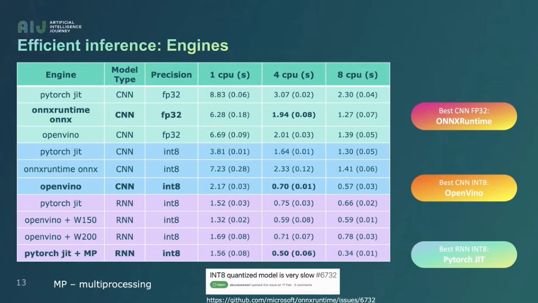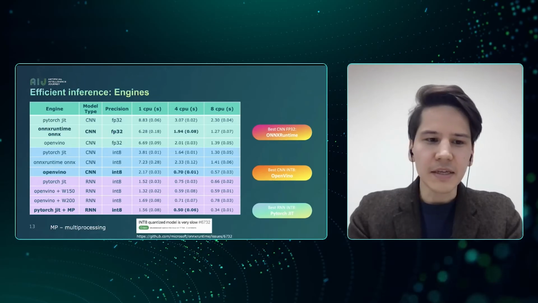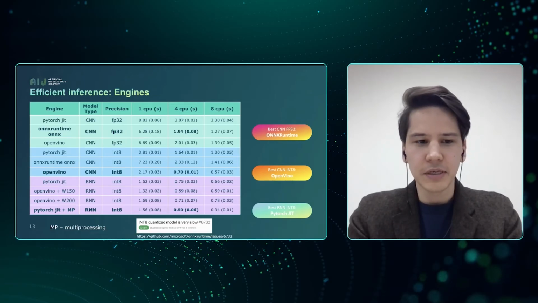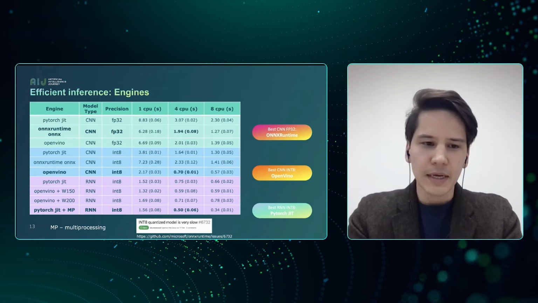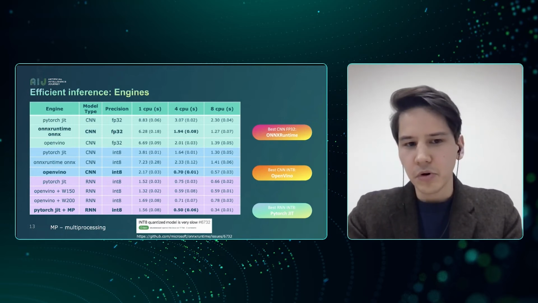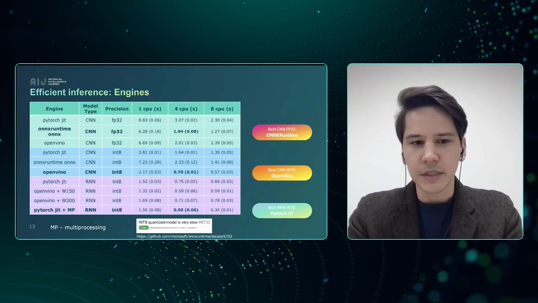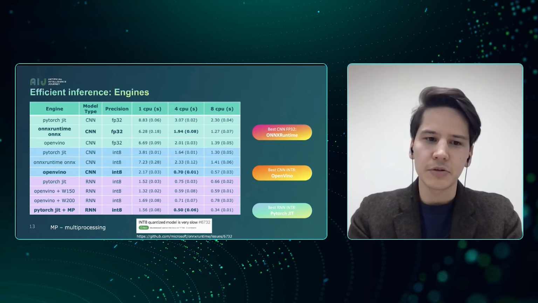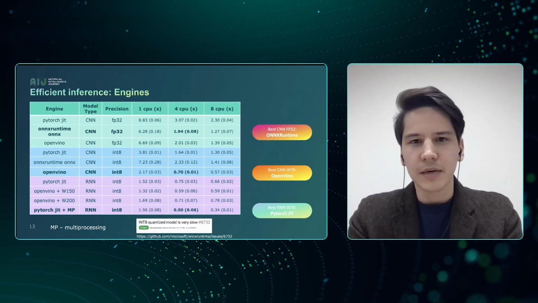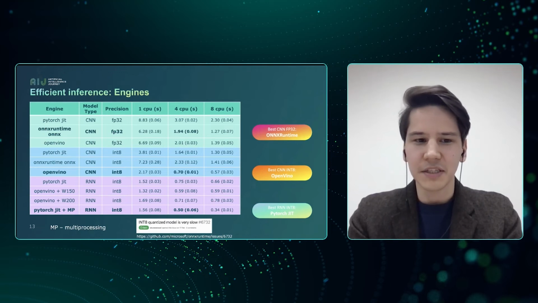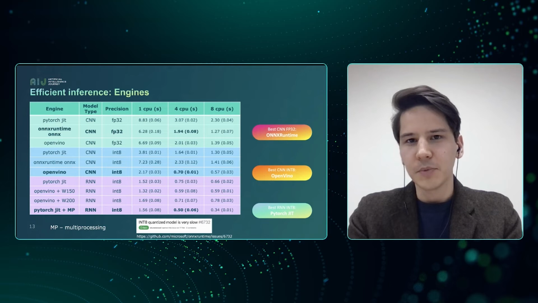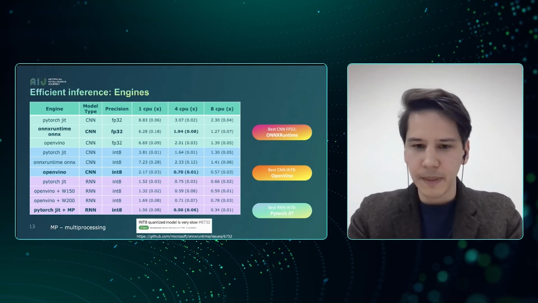When we get to other architectures, for example RNN, it turns out that the landscape changes again. And here PyTorch JIT with multiprocessing starts to shine. It turned out that OpenVINO has quite big latency for the reshape operation, for operations with sequences of different length. Inference is the most efficient when we use PyTorch JIT, which doesn't have these problems, and add multiprocessing on the data level.